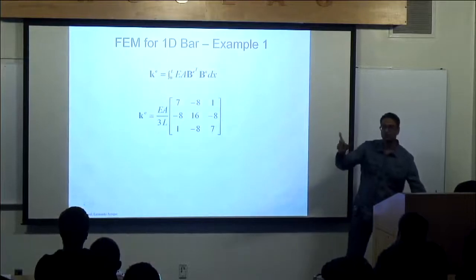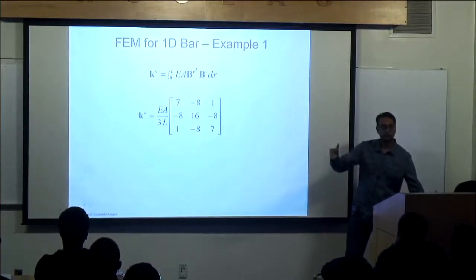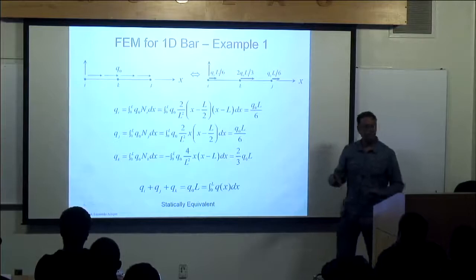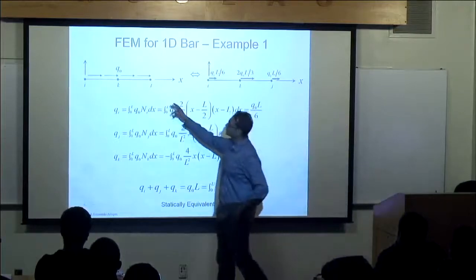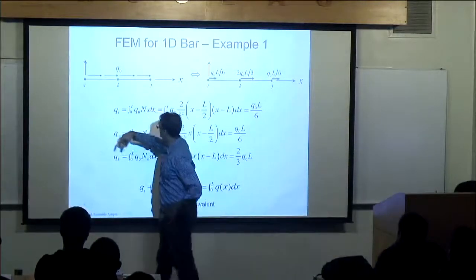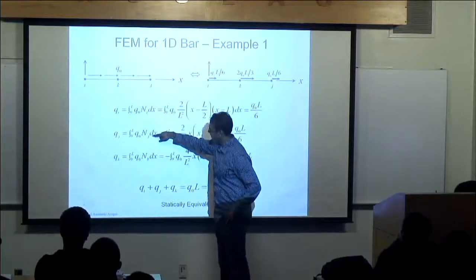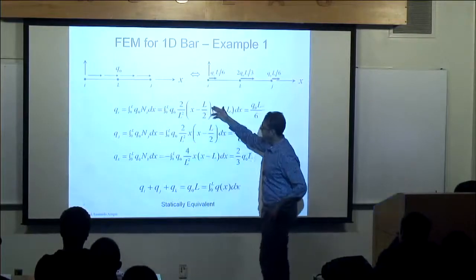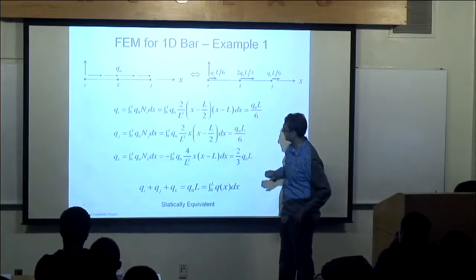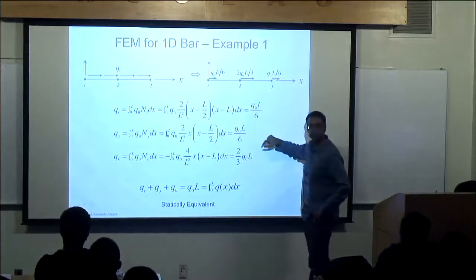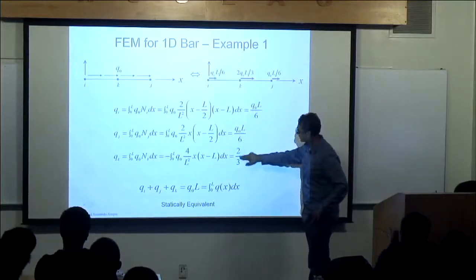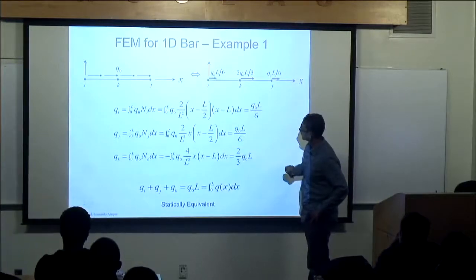Just a single element, so I don't have to worry about doing assembly in this example. Let's look at the forces. I have a distributed load, Q naught. So then I have Q naught Ni, Q naught Nj, Q naught Nk. I take the integrals, let Mathematica do the work, and I get Q naught L over 6, Q naught L over 6, and then 2/3 Q naught L. Okay?